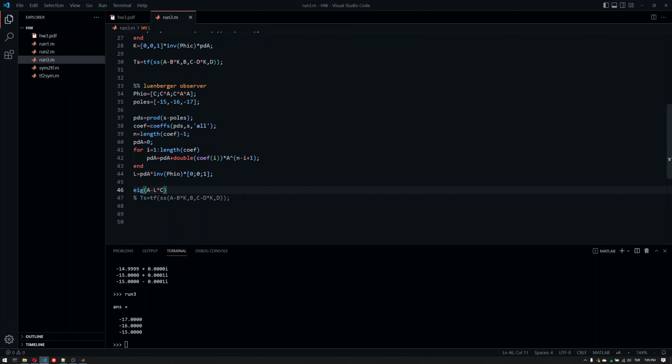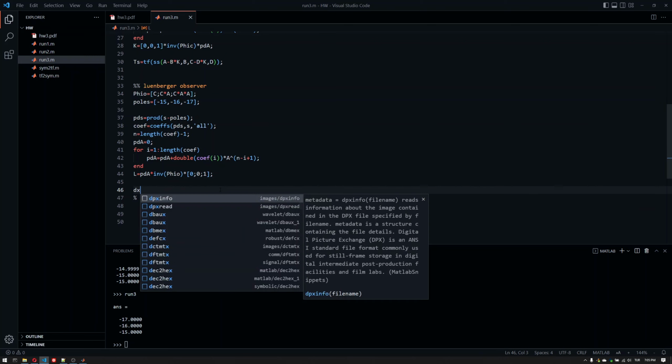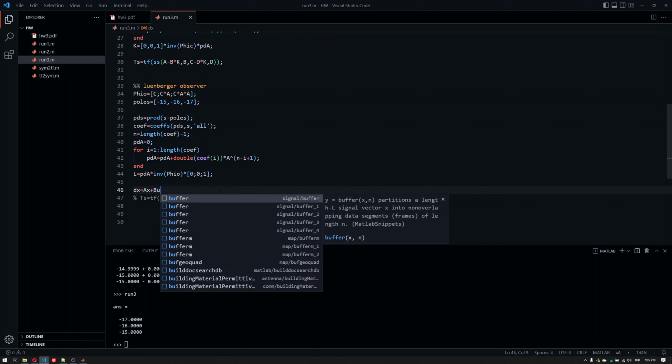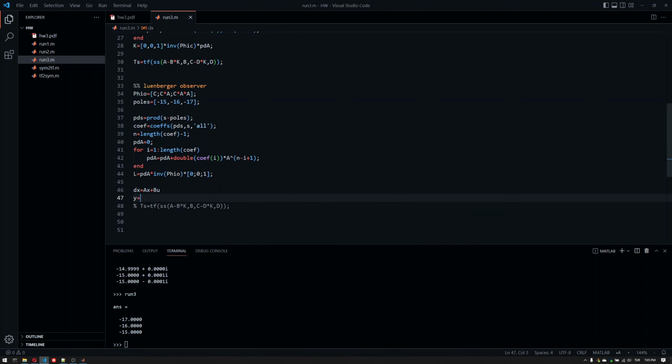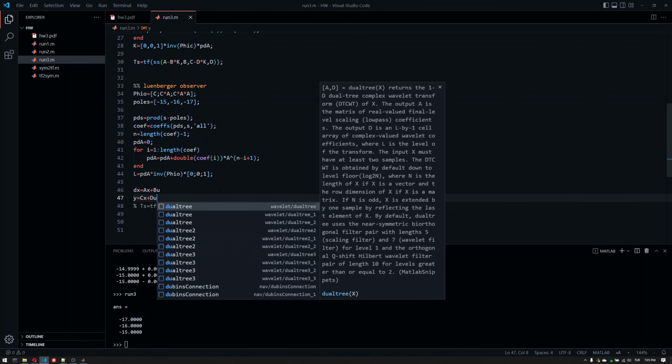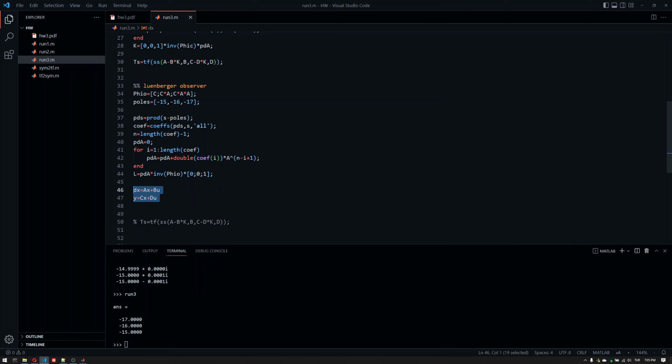Now, what is the controller capable of, or what is the observer good for? Why would we use it? Now, let's say we have x dot equals Ax plus Bu, and y is equal to Cx plus Du. We're basically copying the system here, which is called the observer.